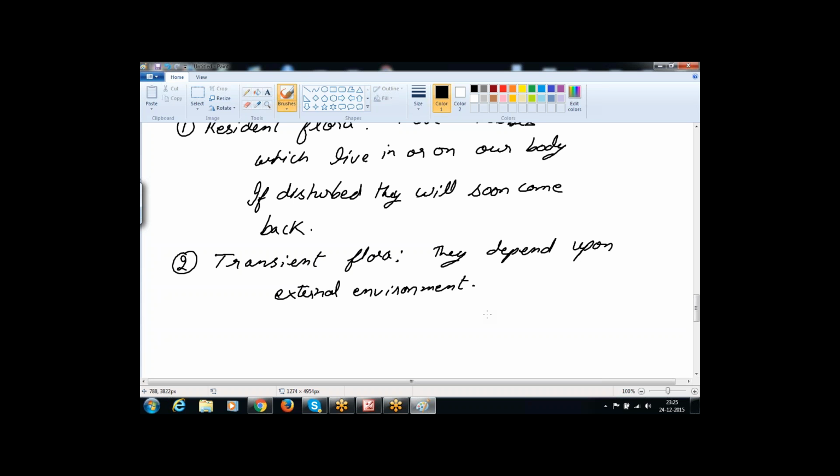So as the external environment changes, the flora changes. If we go from one place to another, we change the transient flora. Resident flora will remain wherever we go. They live forever. But transient flora depend upon the external environment.